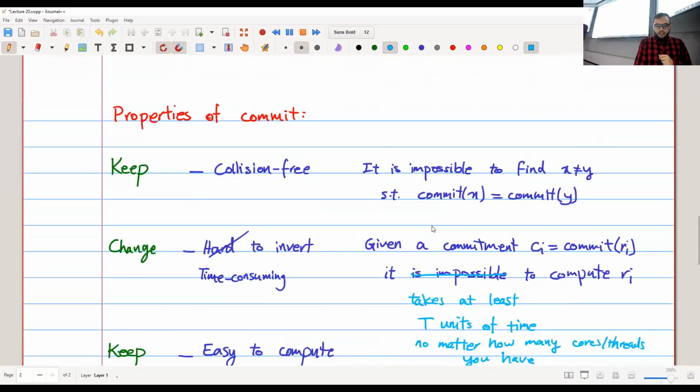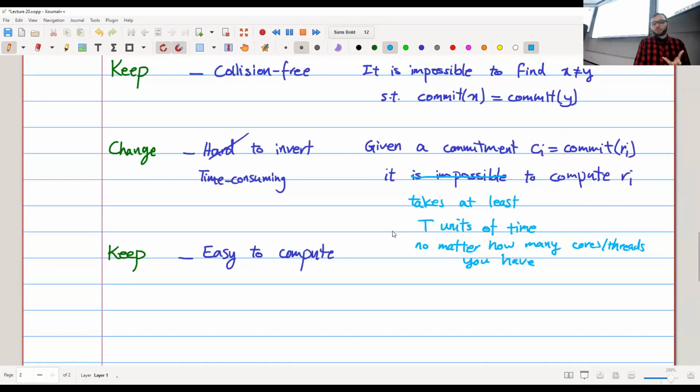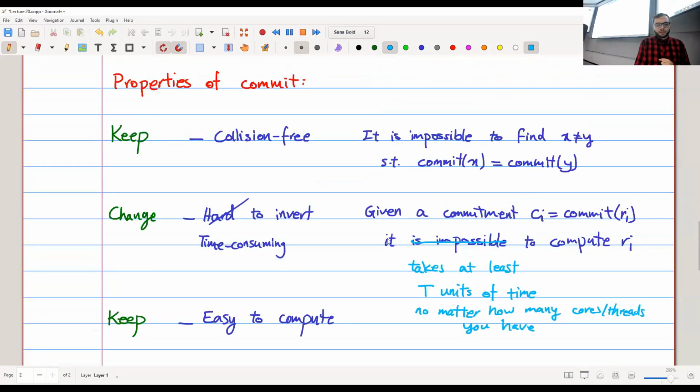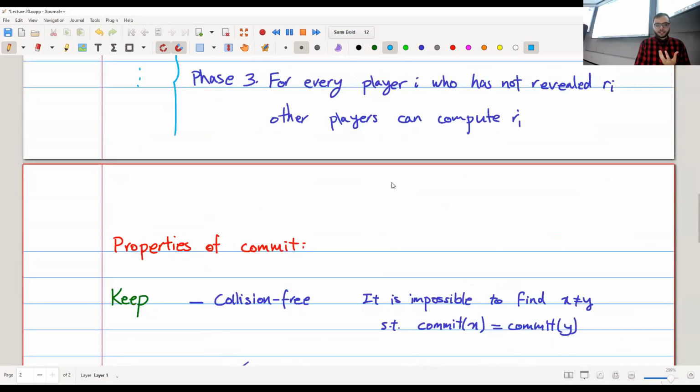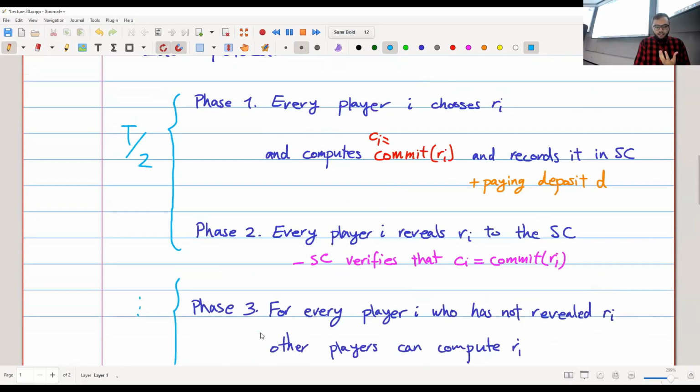Another problem here, which is very similar, is that if this function is not one-to-one in the mathematical sense, then what happens in phase 3? Let's say I had a malicious player I, that player was dishonest, they did not reveal anything in phase 2.